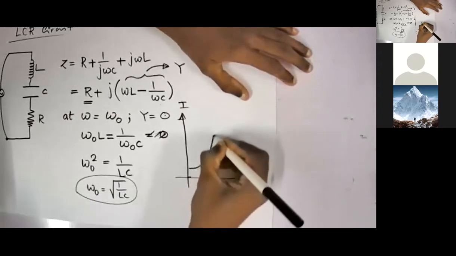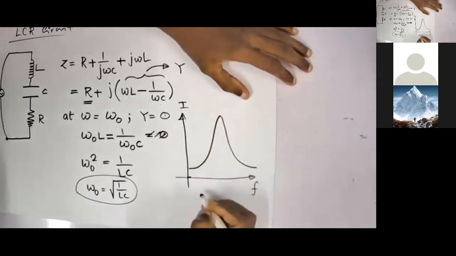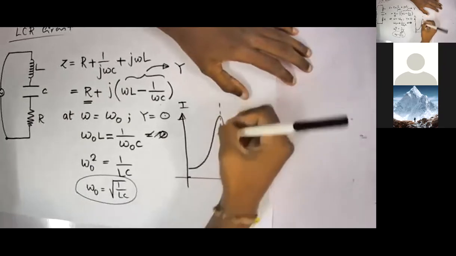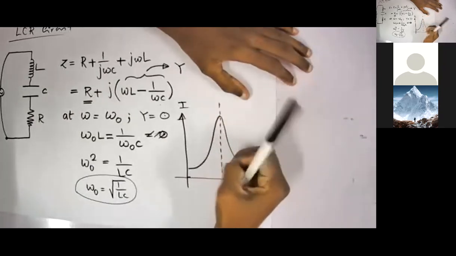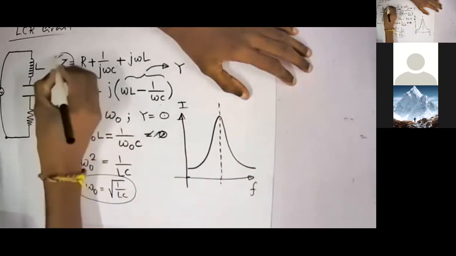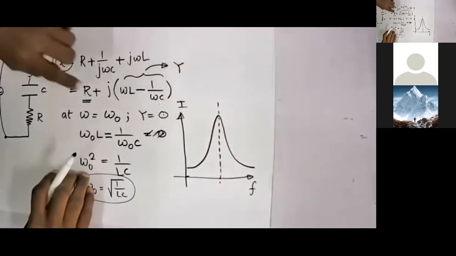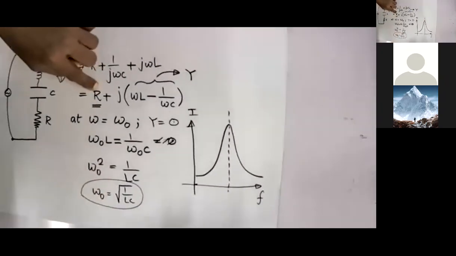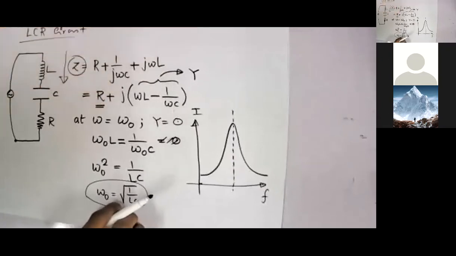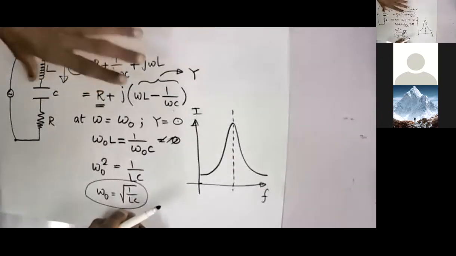It reaches a maximum and then reduces again. The current maximum is achieved whenever your Z becomes minimum. What will be Z minimum? R does not depend on frequency, so it is not going to change at any amount of frequency.